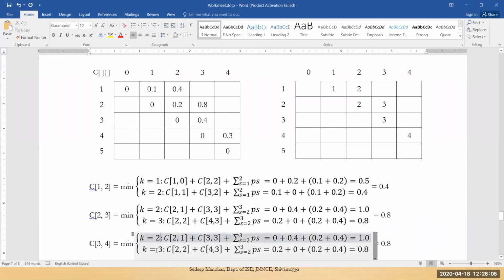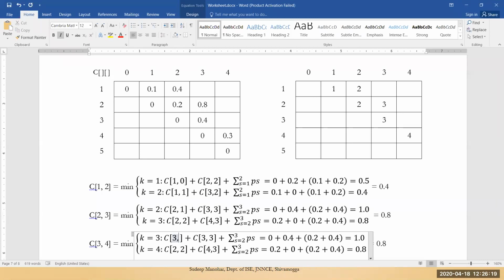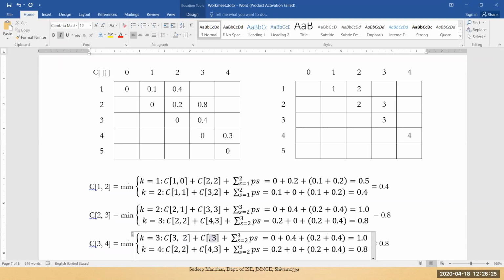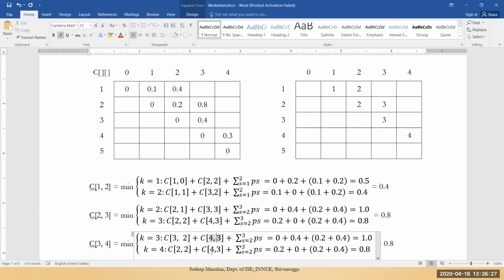K ranges from 3 to 4. So k is 3, here k is 4. Two different values for k. Now how to do this? It is from 3 because I is 3, 3 to k minus 1. What is k minus 1? K is 3, k minus 1 is 2. This is k plus 1 to j. K plus 1, k is 3, k plus 1 is 4. What is j? J is 4.